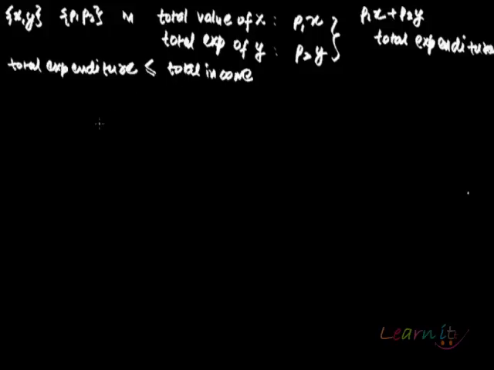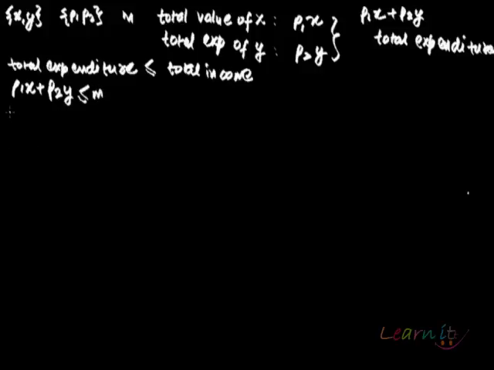We are not taking those situations into account right away, but later on we'll be talking about them. Here, total expenditure has to be less than or equal to your total income. So P1X plus P2Y should be less than or equal to your income.